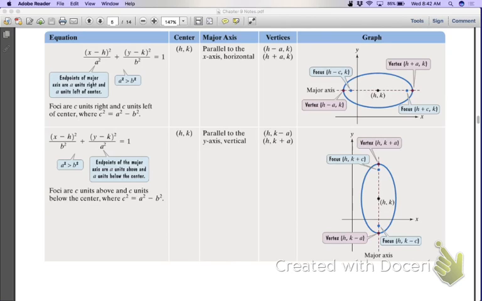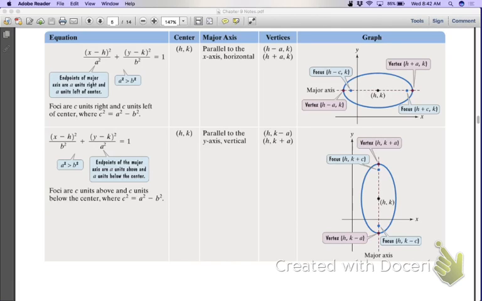If you find the center, you can know this has to be a horizontal ellipse or a vertical ellipse. I wouldn't be afraid of drawing a horizontal line or a vertical line, depending on what type it is. There's nothing wrong with that.